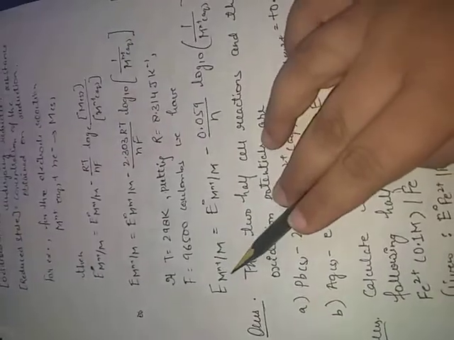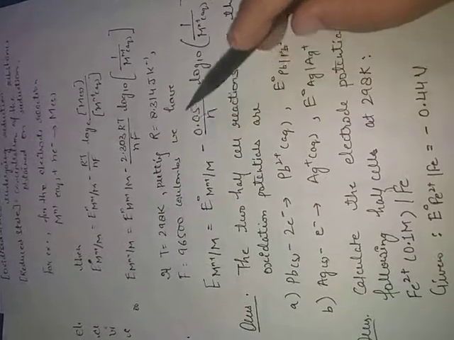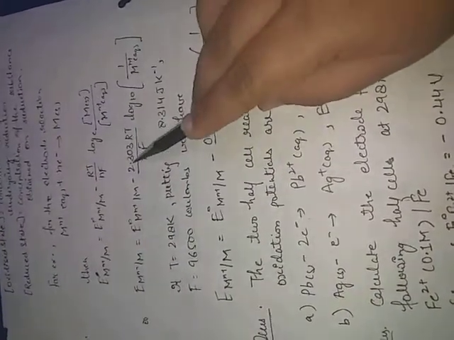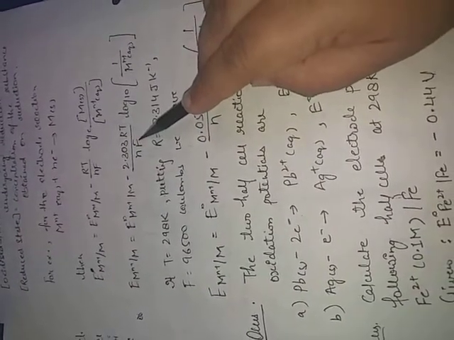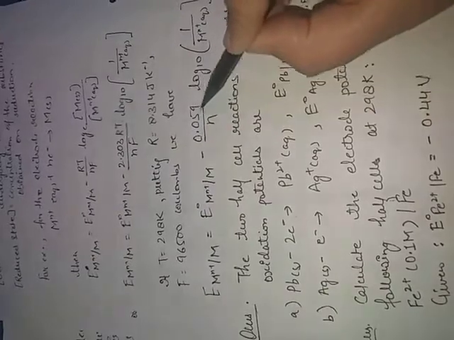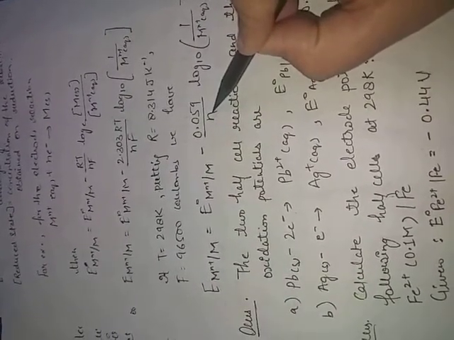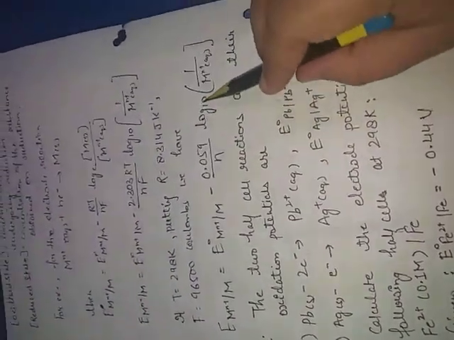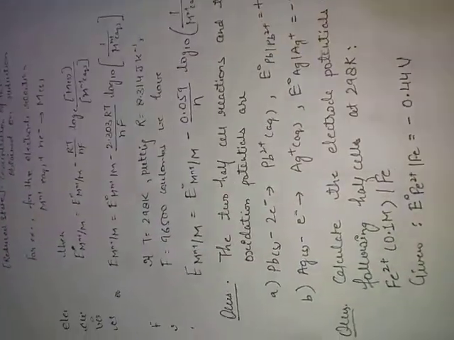By multiplying 2.303 R T and dividing it by F, we get 0.059 upon n, where n is the number of electrons lost or gained. So E equals E naught minus 0.059 upon n log base 10 of 1 upon M n plus aqueous. Now there are two questions which you have to do.